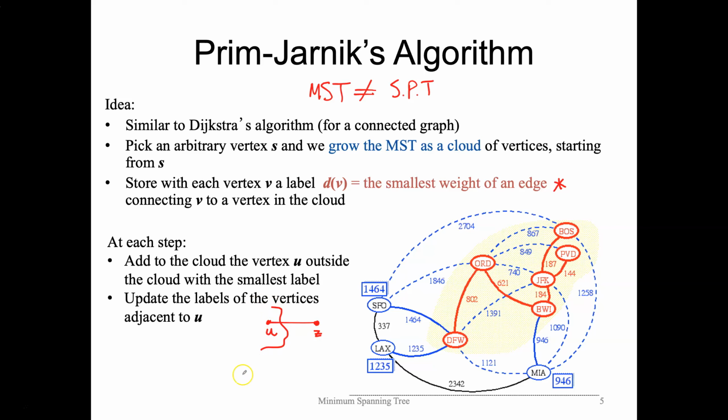And when this edge is relaxed, we set the distance label for Z to be the better of either whatever we had before for it already, meaning Z connected to some other vertex in the cloud, not U, with minimal edge weight, or, now that U is in the cloud, maybe Z connects to this cloud in a better way via vertex U. So in that case, if this is edge E, then we would take the weight of that edge E. So we're not accumulating edge weights. We're not including the distance label of U in this at all. This is our main difference here. We're just taking the edge weight itself.